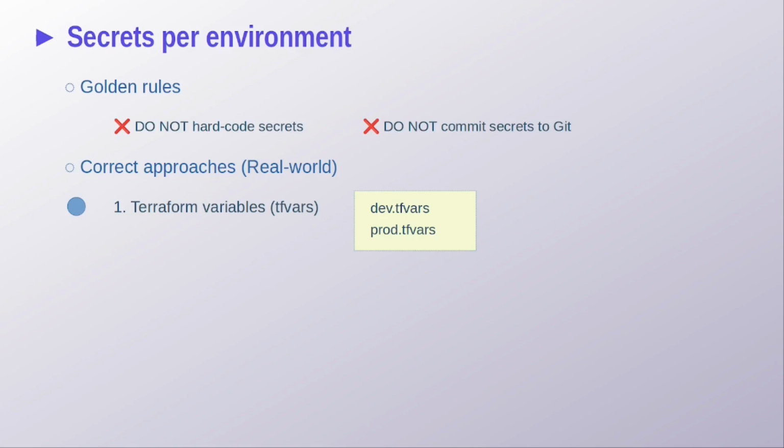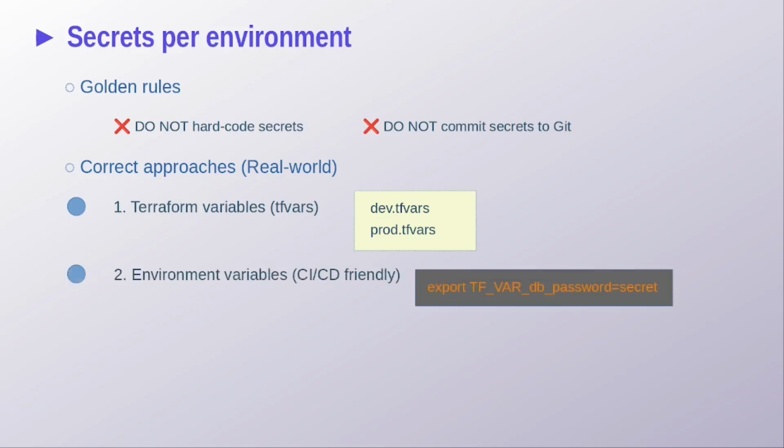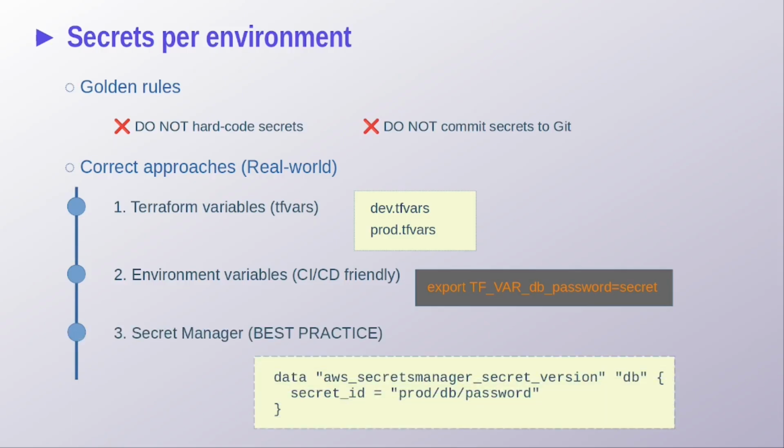This file must be ignored by Git and stored securely. Environment variables are very common in pipelines. This is secure, easy to rotate, and CI/CD friendly. Secret manager. This is the best approach in production. Terraform reads the secret but does not manage it. This is very important.